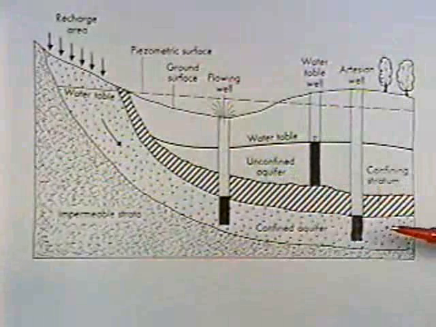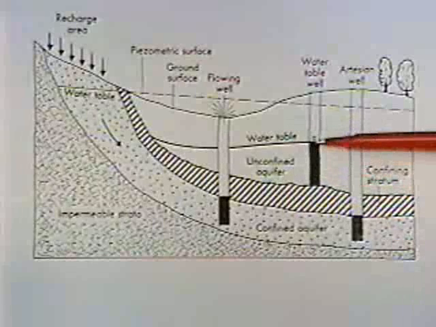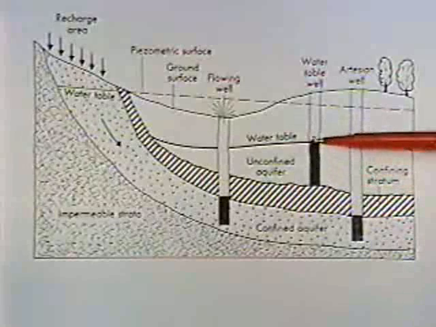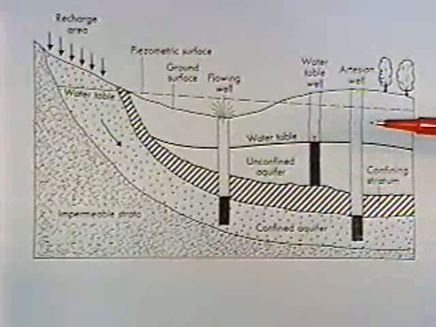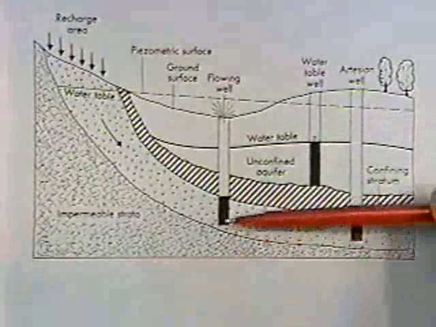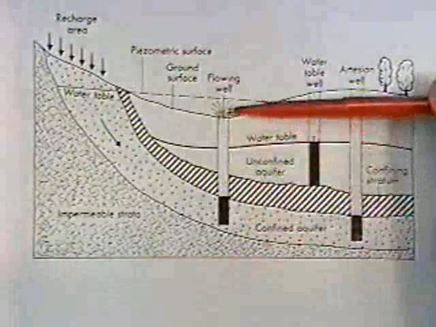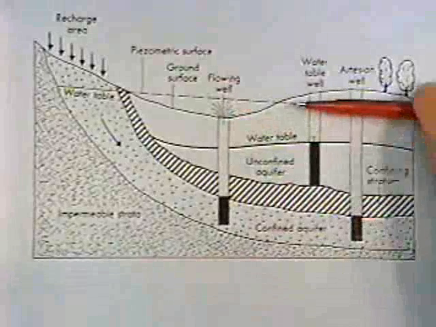We've got an unconfined aquifer, and so if you drill a well in an unconfined aquifer, the water table is going to be where the water rises in the well. If you drill a well into a confined aquifer, the water will rise all the way to the piezometric surface, and so this would be equivalent to the hydraulic grade line.